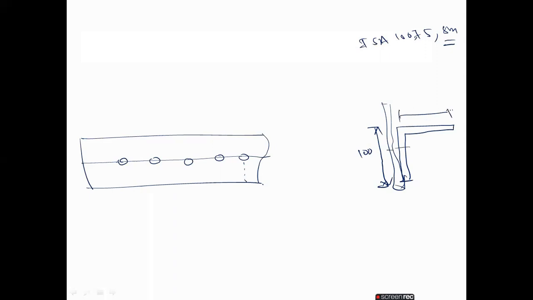And this one is the 75 outstanding leg, and this is the thickness, which is 8 mm. Okay, so now the edge distance is 40 mm, and also the pitch, from here to here, how many pitches are there? 1 2 3 4. So 4 into 60, it is around 240 mm.